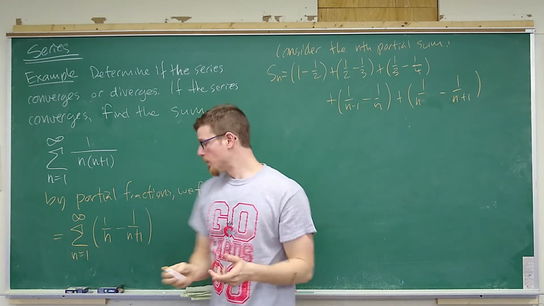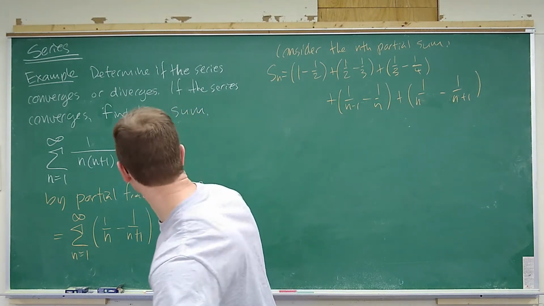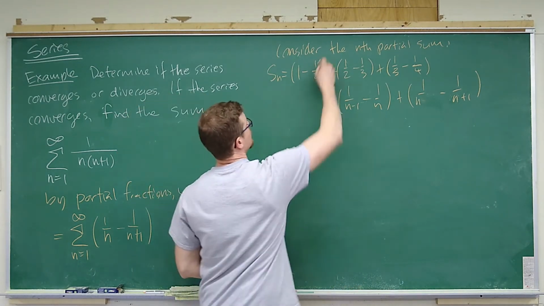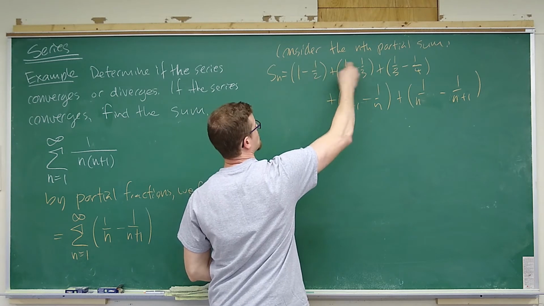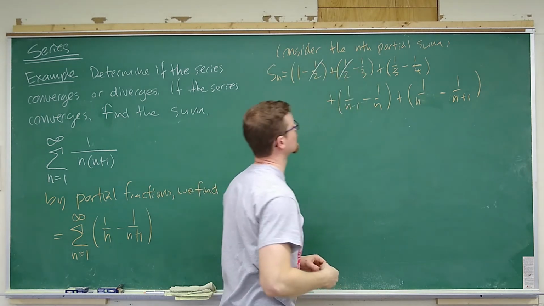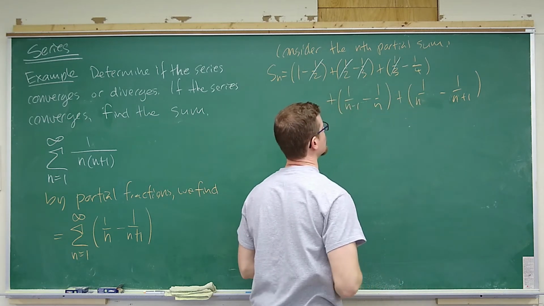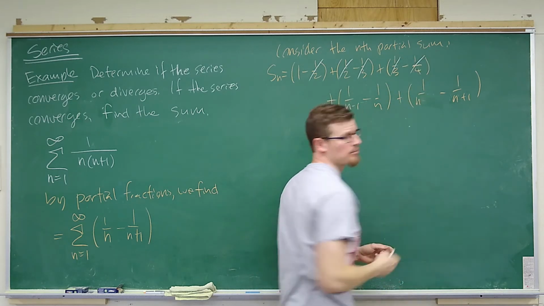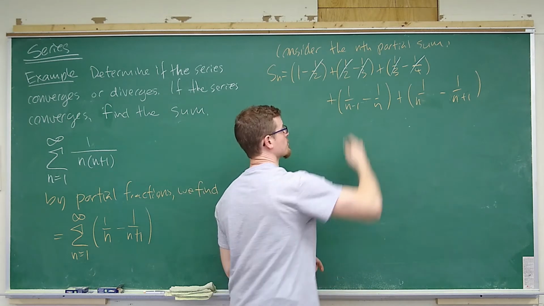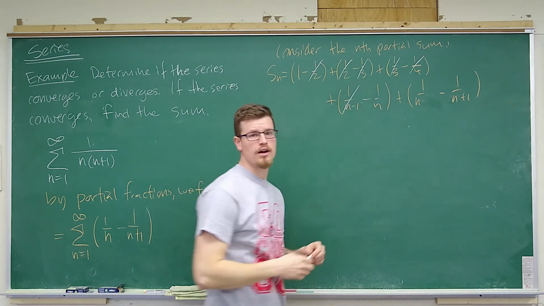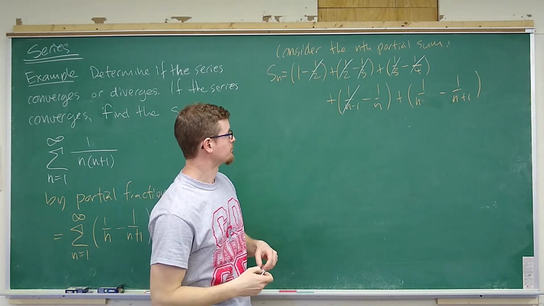Excellent. So what we want to notice at this point is that there are some cancellations. So we have 1 minus 1/2 and then plus 1/2, so our 1/2s cancel out. We have a minus 1/3 plus 1/3, so our 1/3s cancel out. And we would find that the second part of each term cancels out with the first part of the next term.